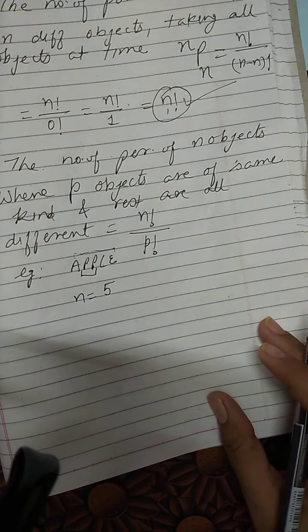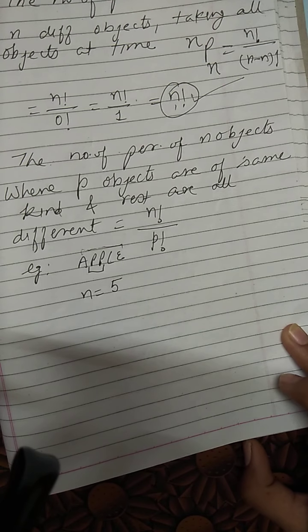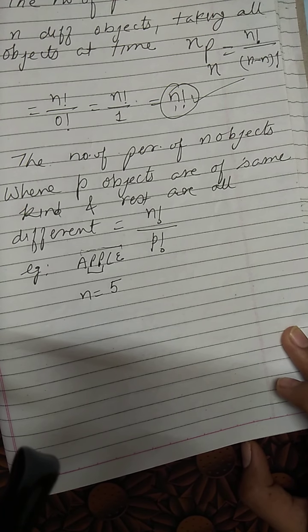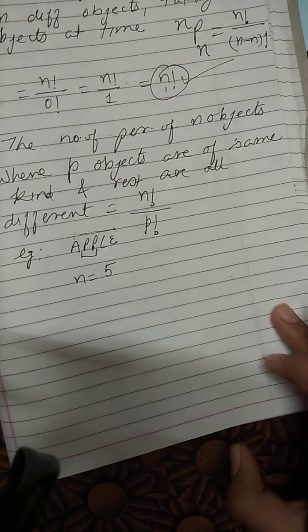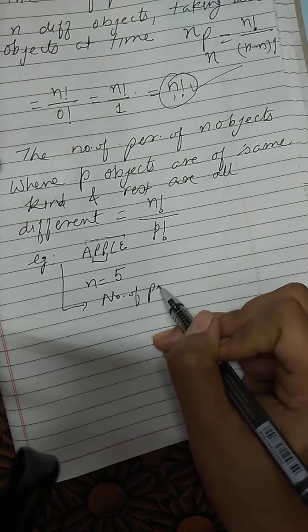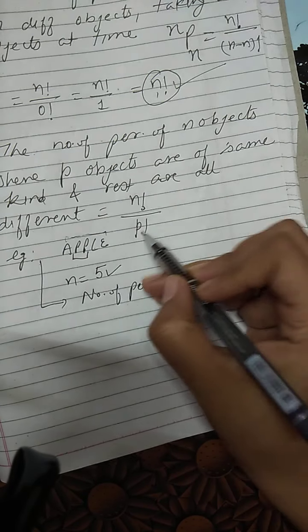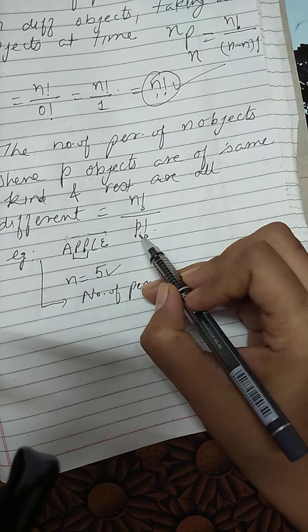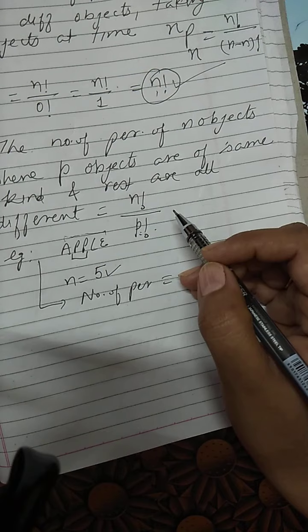If I say I have to make 5 letter different words, means I have to make new words using all the letters of this word apple, then how many permutations will be there? So for this particular word, number of permutations will be equal to 5 factorial divided by p factorial. Now this p is actually the number of objects which are of the same kind.